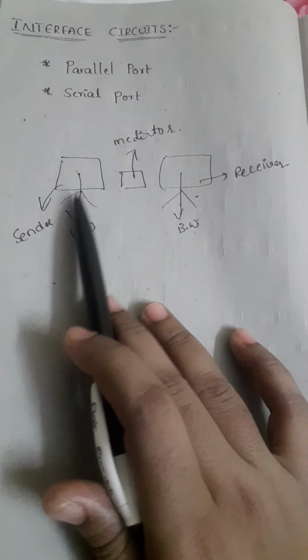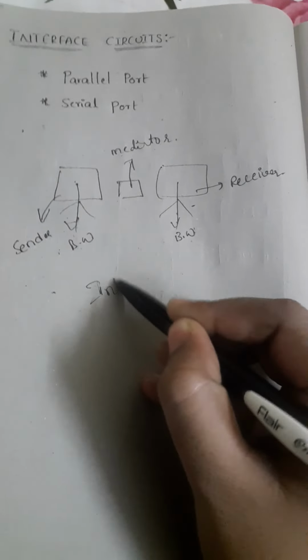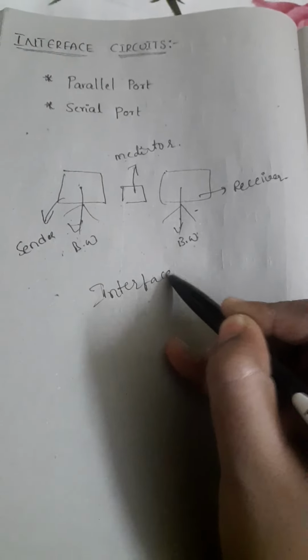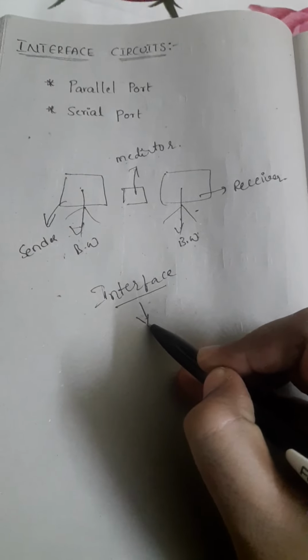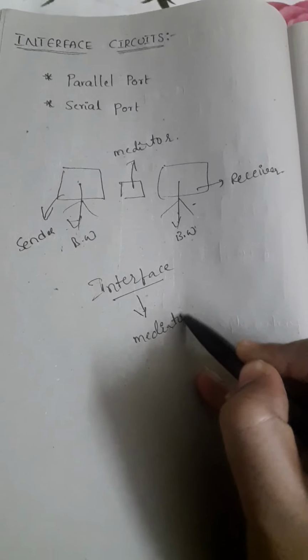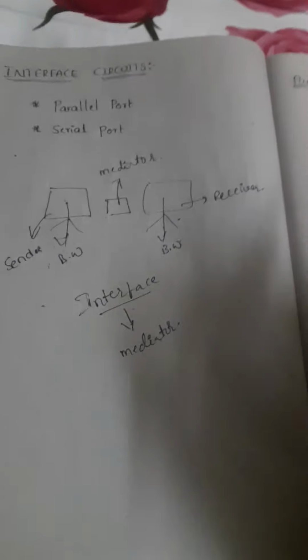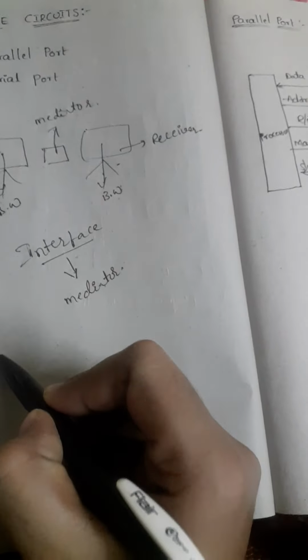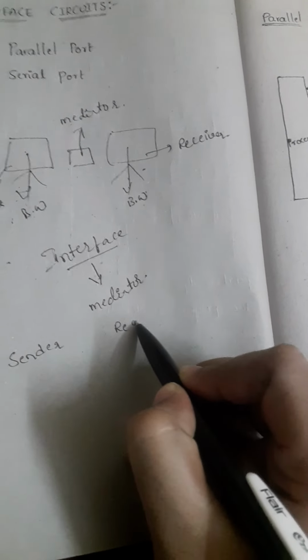So what is meant by interface actually? This word is used when we are talking about a mediator between two systems. For example, let us say this is a sender and this is a receiver.